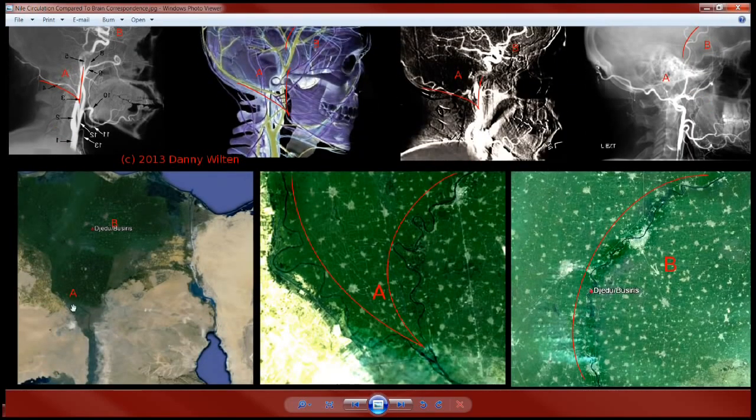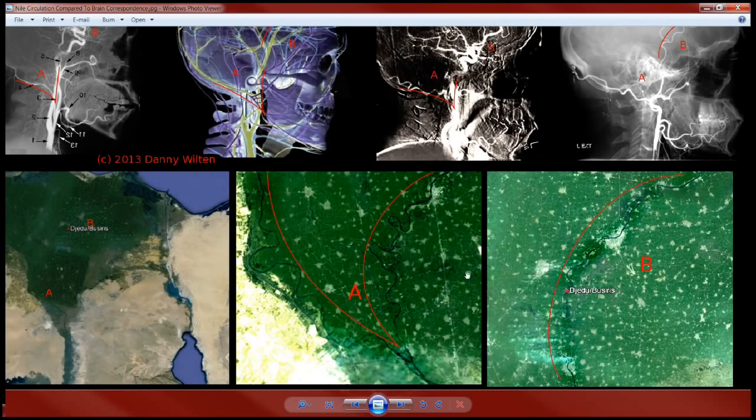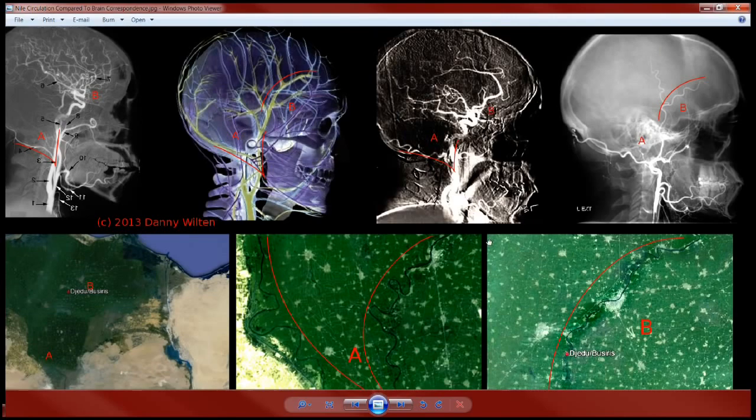So here we go. Here's A, and here's a zoom of A. And you can see the waterways, how they split, just like we saw right here. And then here's B, which is right here. As it travels up, the main waterway we saw in our first picture, and it arcs to the right.